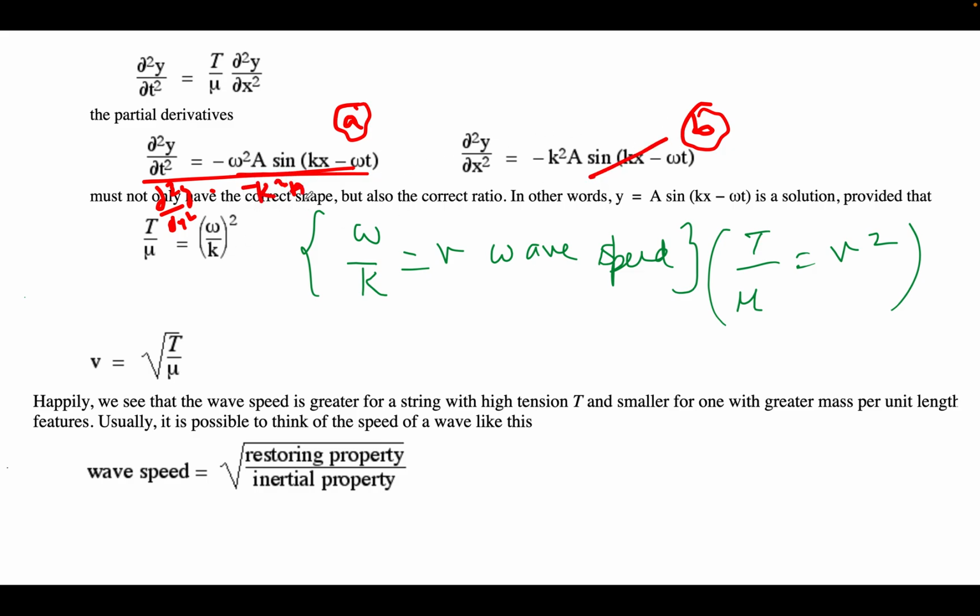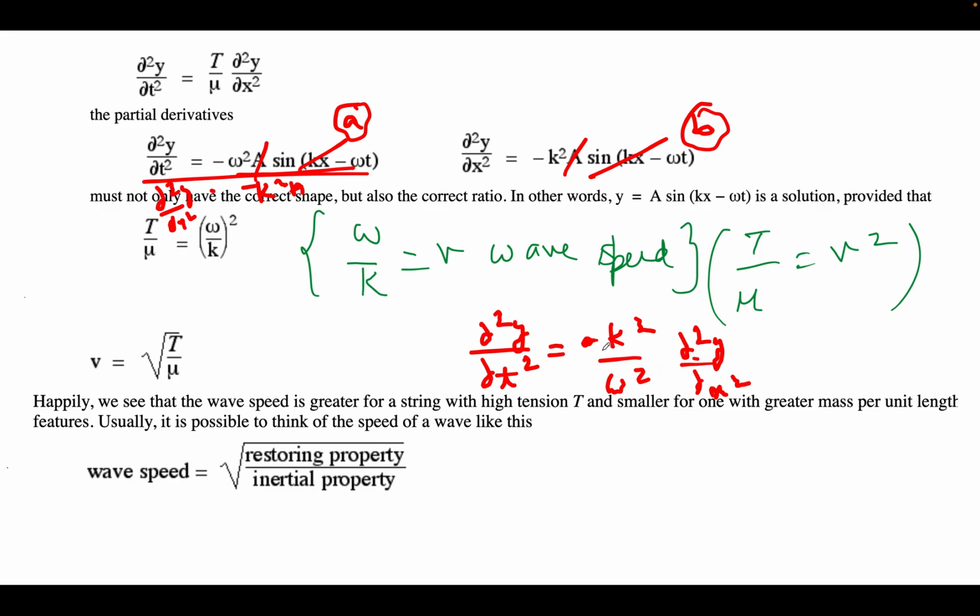So sin(kx minus omega t) will cancel with sin(kx minus omega t), and a will be cancelled with a. So in the end, del 2y by del t square is equal to omega square upon k square times del 2y by del x square, since minus minus gets cancelled out.